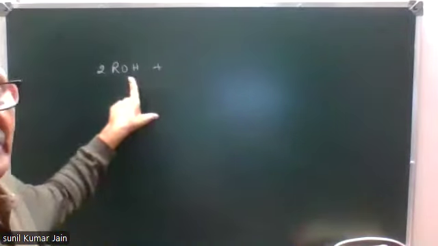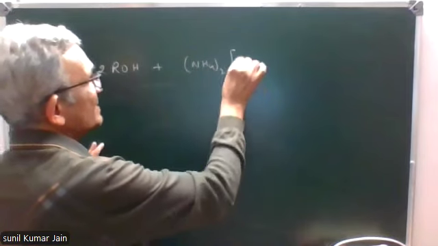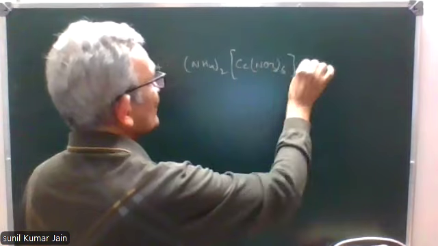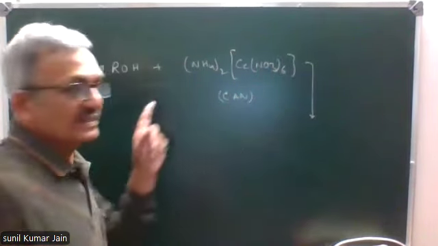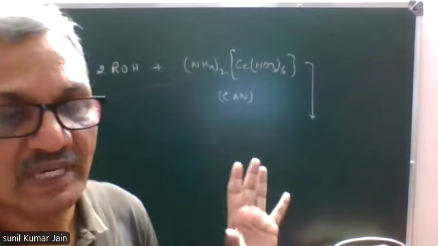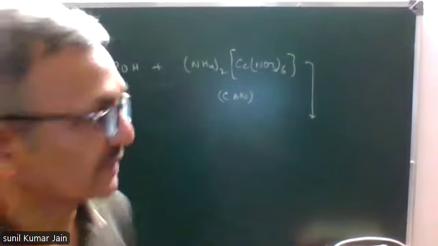So two molecules of alcohol plus CAN. Formula of CAN is (NH4)2Ce(NO3)6. This compound is CAN. This is a coordination compound. Nomenclature of coordination compounds we'll study in one of the chapters later in 12th standard.